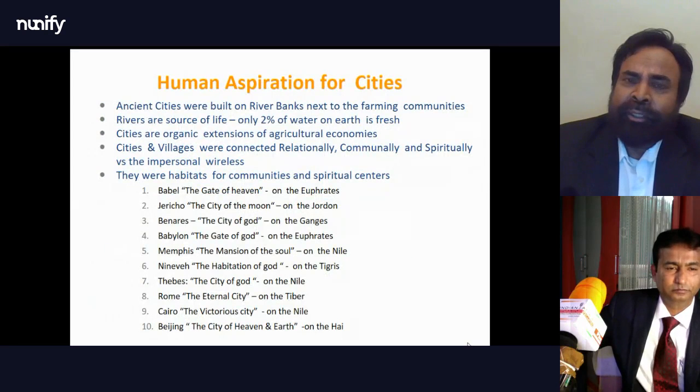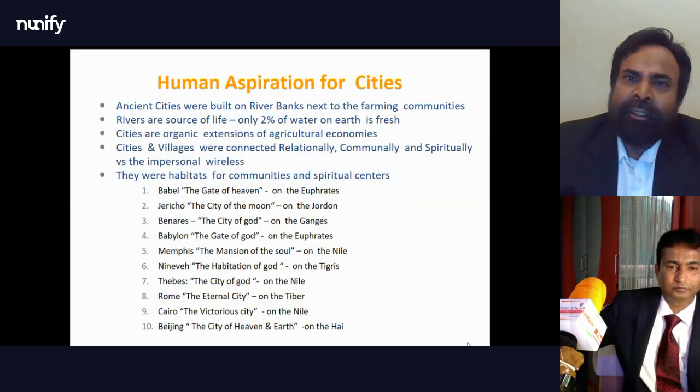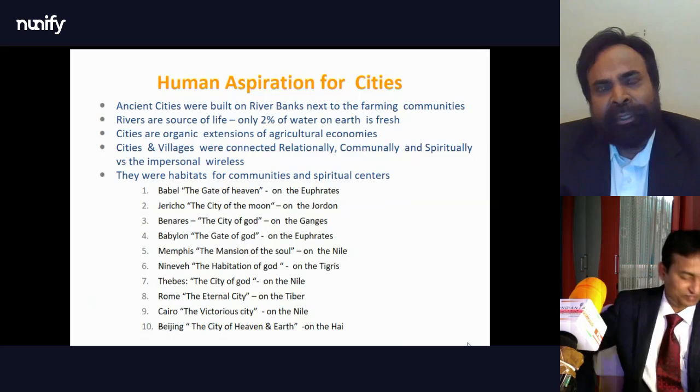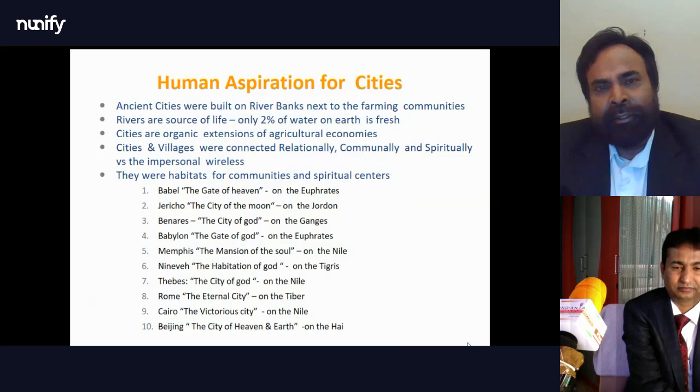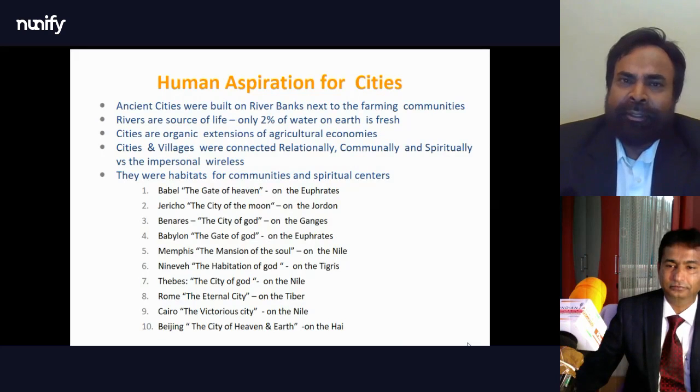So human aspirations for cities did not start now. It started many years ago. Actually, the first son of Adam and Eve, whose name was Cain, built the first city and named it after his son, Enoch. It means the human aspiration to build cities with gates and walls to keep people out, to secure what you have, has been there from the very, very beginning.